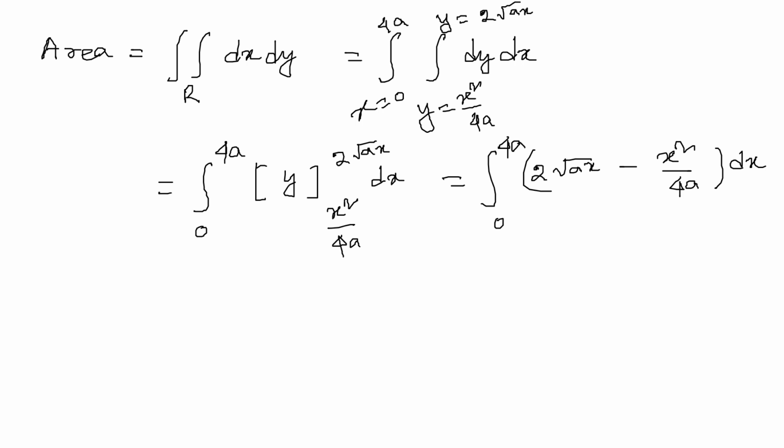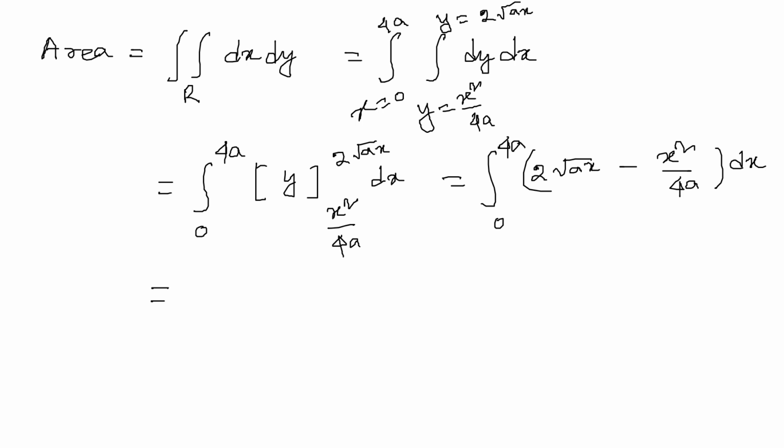That is the basic thing we have learned in double integration from the beginning. When you integrate with respect to y, you keep x as constant. After substituting the y limits, we get the expression in terms of x only. Now you can easily integrate with respect to x and substitute the limits for x.